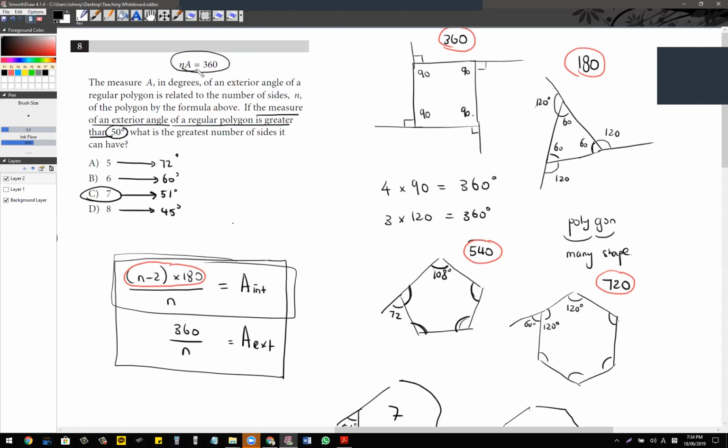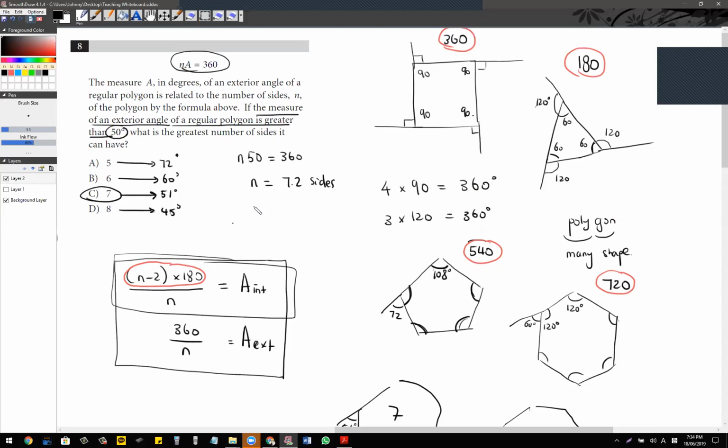Or, instead of trial and error, you can actually think of it this way. Let's suppose the angle is 50, and n is the number of sides. Then n is equal to 360 over 50, that's equal to 7.2 sides.